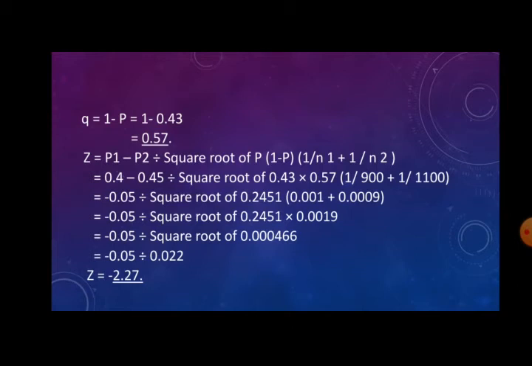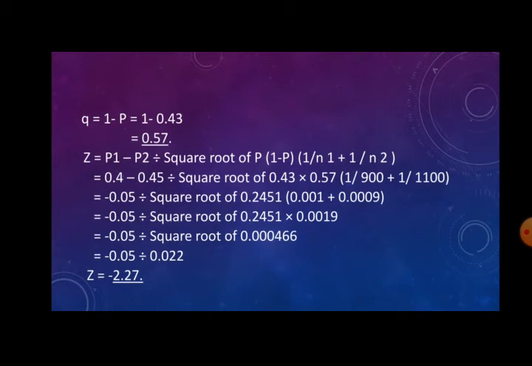0.4 minus 0.45 is equal to minus 0.05, divided by the square root of 0.43 into 0.57, which will be 0.2451. Here 1 divided by 900 will come up to 0.001, plus 1 divided by 1100 will come up to 0.0009.